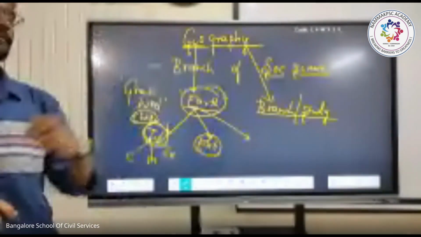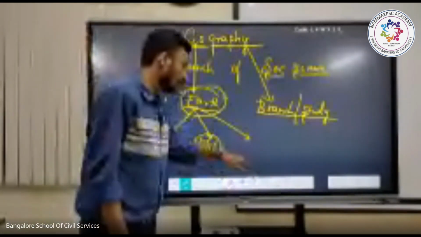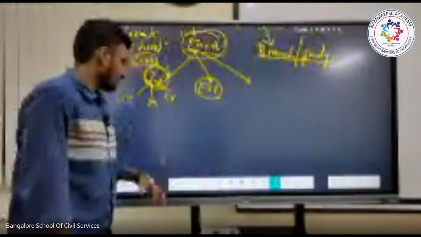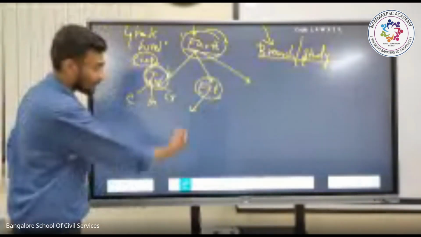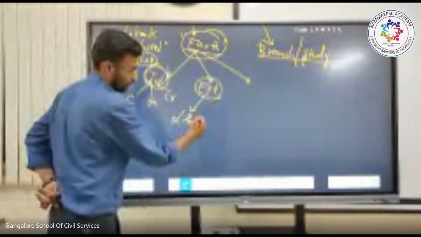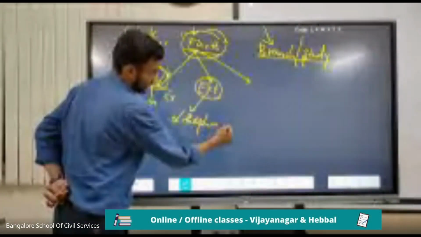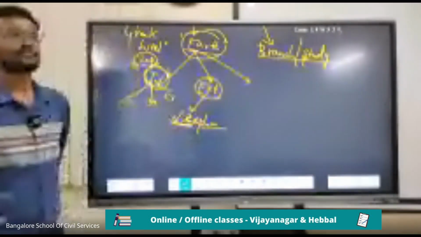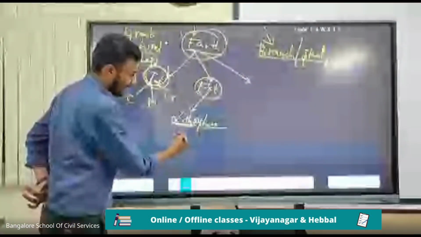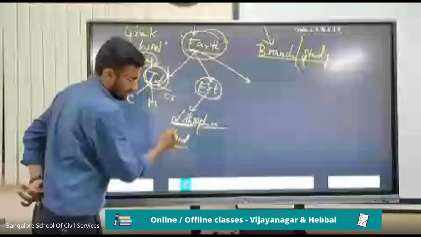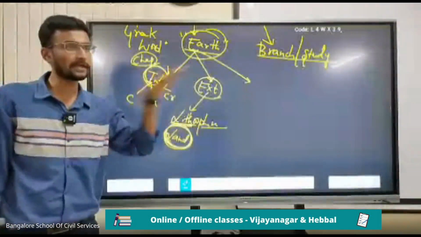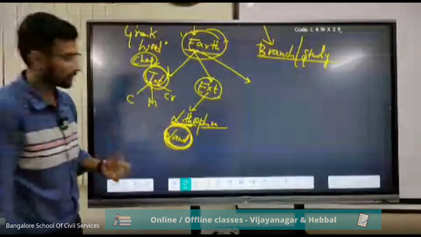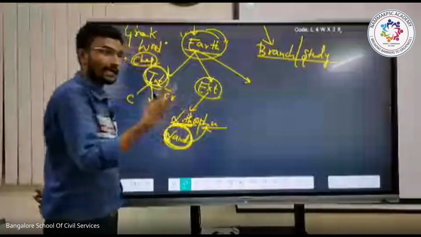Under the external part, we'll not only be studying the lithosphere. What is lithosphere? Litho is nothing but land. The sphere is nothing but space, or I can say a land area.